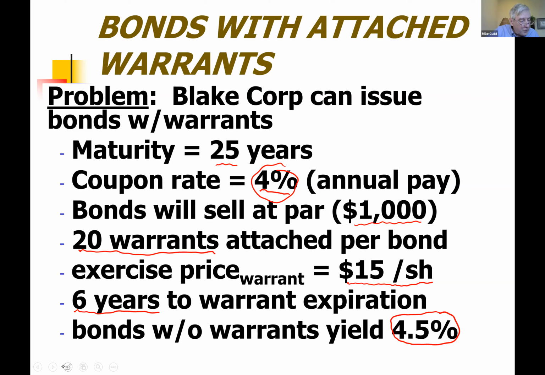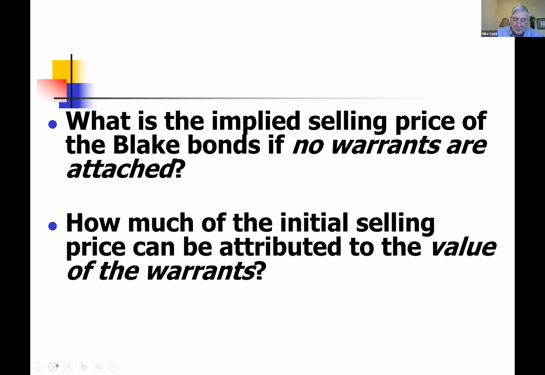So one of the first things we want to do is find out what these bonds would sell for. If no warrants were attached, then they would have to yield 4.5%. So without the warrants, let me go to my whiteboard for this, it's a lot more stable.